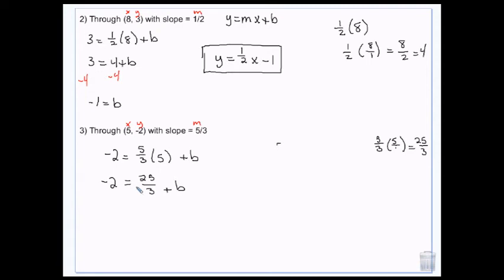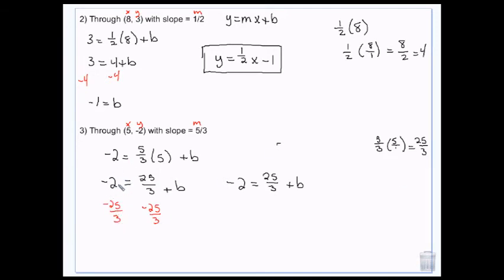Now from here, I'm going to show you two ways to do this. We can keep the fractions in and work with the fractions, or we can get rid of the fractions. So I'm just going to rewrite it. To keep the fractions in, I'm going to subtract 25/3 from both sides.